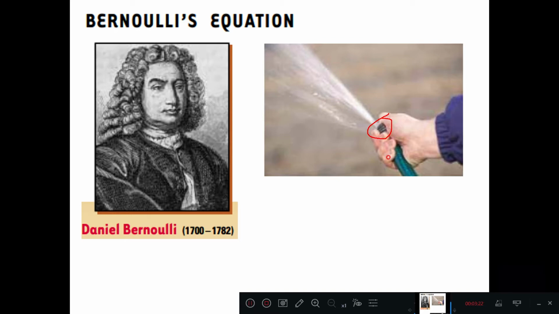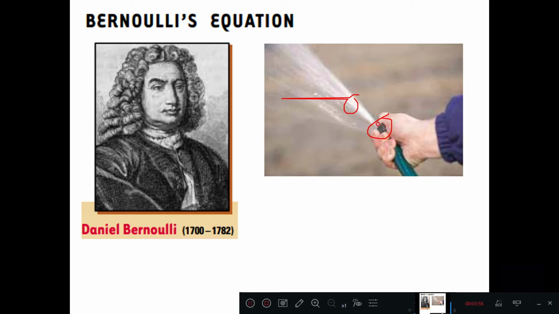You can answer this question by noting how hard you have to push your thumb against the water inside the end of the hose. So the pressure inside the hose is definitely greater than the atmospheric pressure outside.